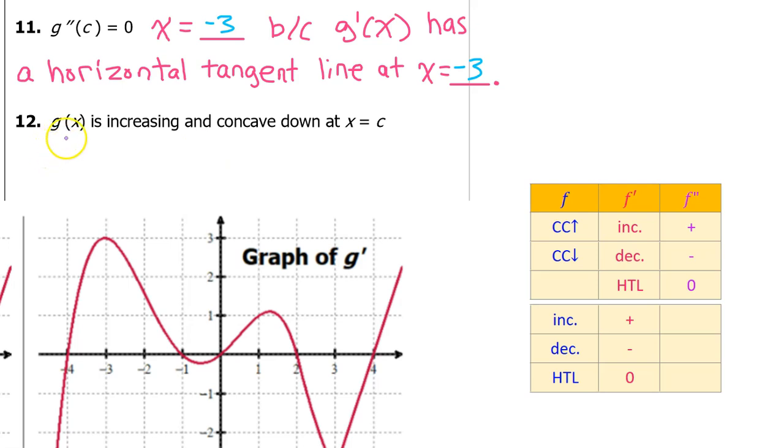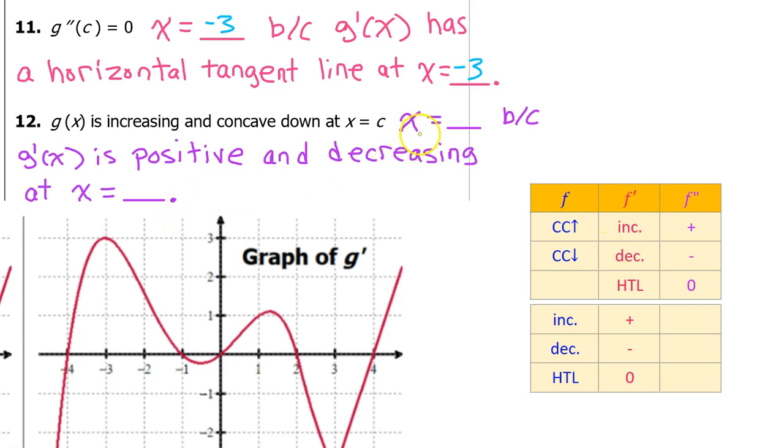For number 12, we need to find where g of x is increasing and concave down. Remember, our justifications must be based on g prime. G will be increasing when g prime is positive. We also need g to be concave down. G will be concave down when g prime is decreasing. So our answer will have the form x equals blank because g prime is positive and decreasing at x equals blank.